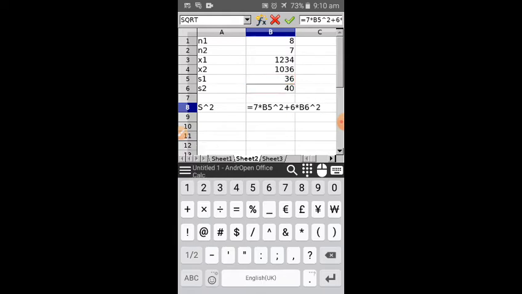That becomes the numerator part. Now that the numerator is completed, I put a bracket over the whole thing and divide by n1 plus n2 minus 2. Orally, that is 8 plus 7 minus 2, so it is 13. If some mistake has been made, let's verify it.